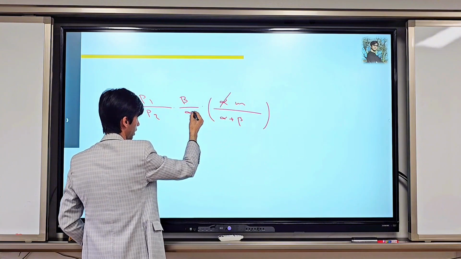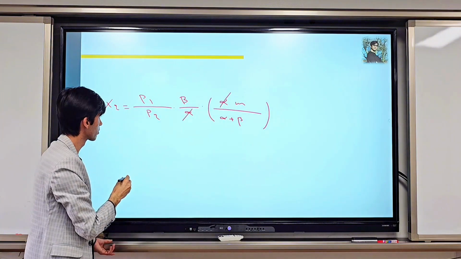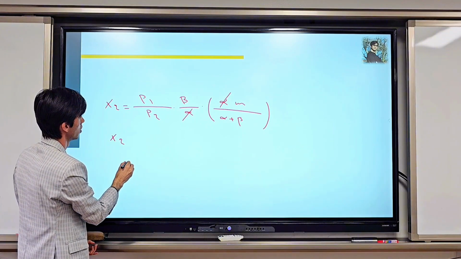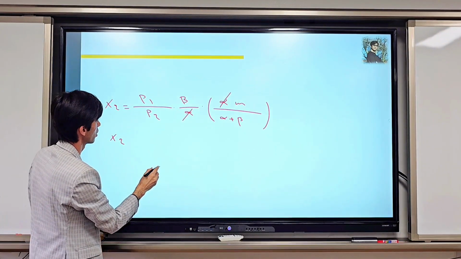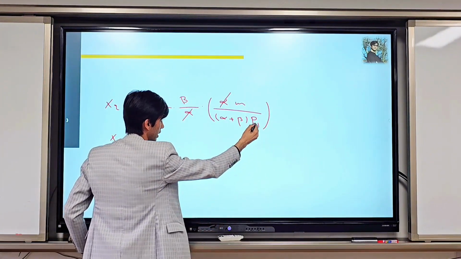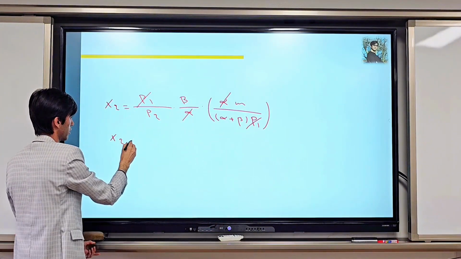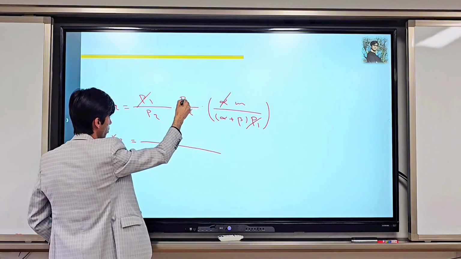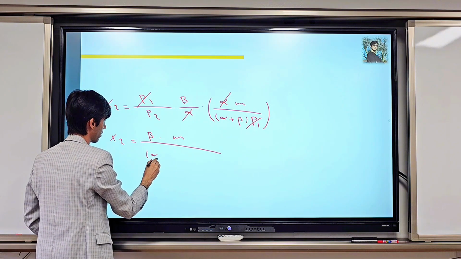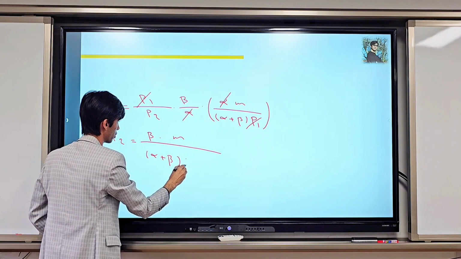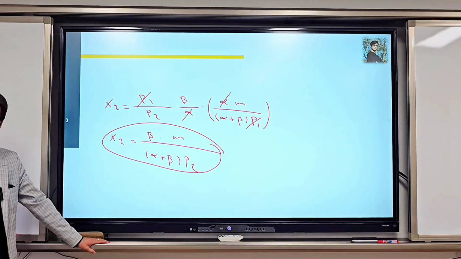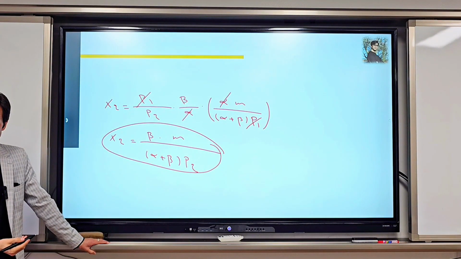Then this alpha will cancel out with this alpha. So x2, okay, we have one P1 here. Then this P1 will cancel out with this P1. So in the numerator, we have beta multiplied by m. In the denominator, we have again alpha plus beta multiplied by P2. Just we need to follow these three steps and find out the x1 and x2.